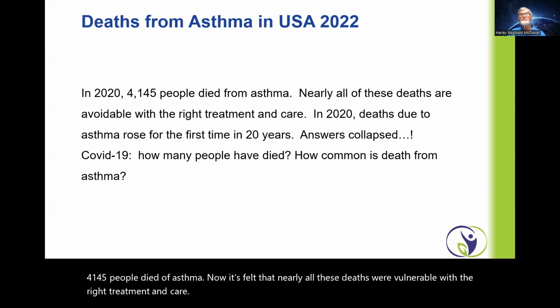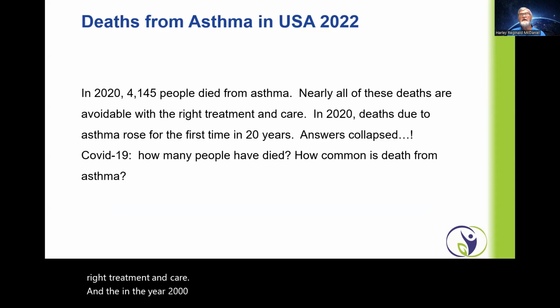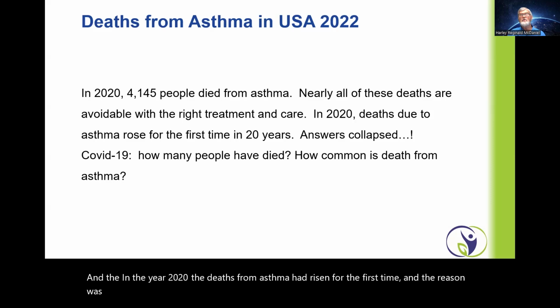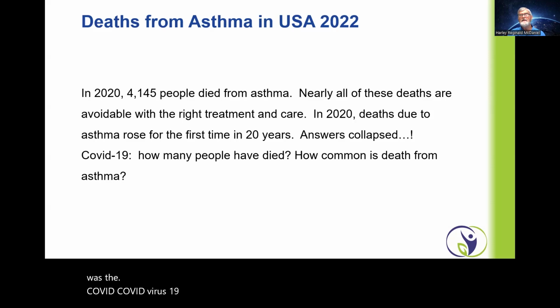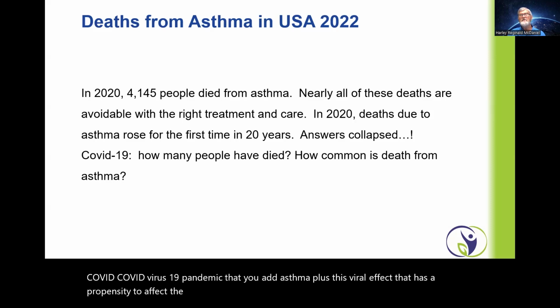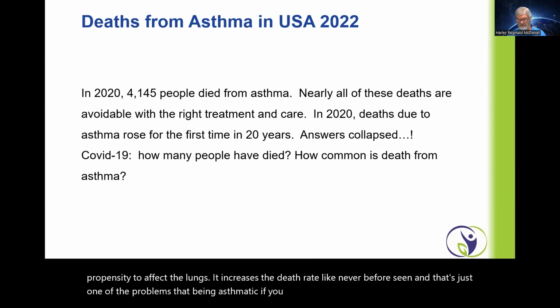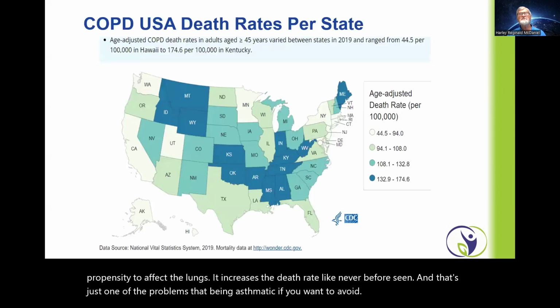And in the year 2020, the deaths from asthma had risen for the first time, and the reason was the COVID-19 pandemic, that you add asthma plus this viral effect that has a propensity to affect the lungs. It increases the death rate like never before seen. And that's just one of the problems of being an asthmatic, is you want to avoid particularly viral infections.